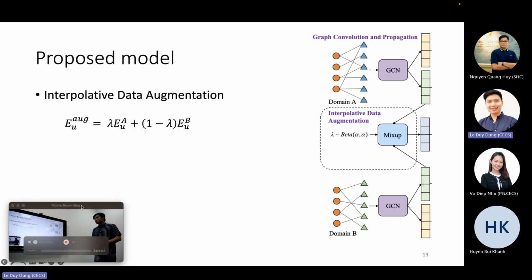Okay, so that's all about the interpolative data augmentation they mentioned in their work.